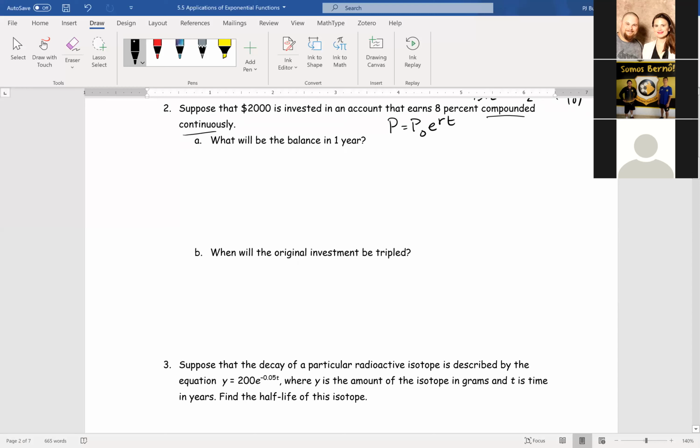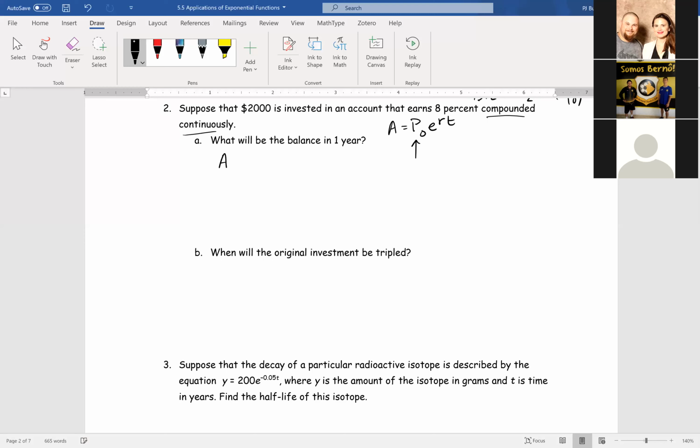So it says $2,000 is invested. So that's the principal amount, right? The initial value that we put in. I think actually I use A for this. So let's just plug those in.